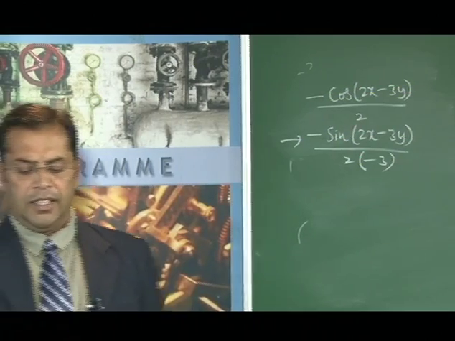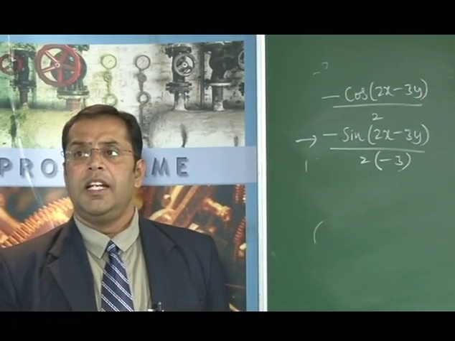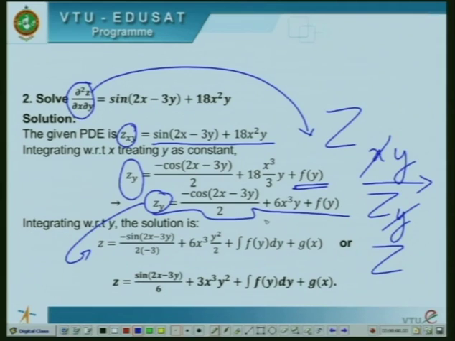Then the second term, integration of 6x cube into y with respect to y is 6x cube y square by 2, and as was illustrated in the first example, since f of y is a function of y, its integration with respect to y will give integral f of y dy.